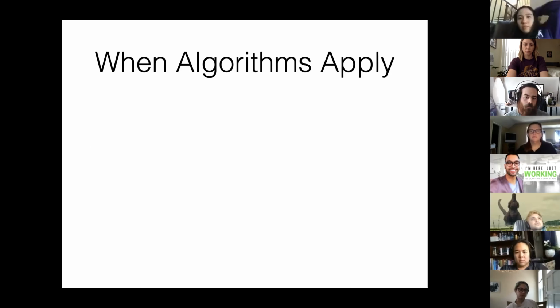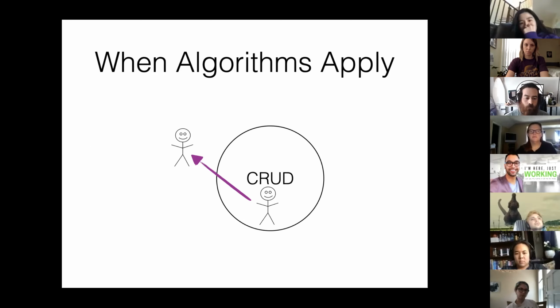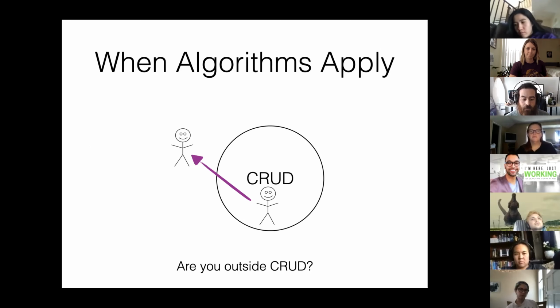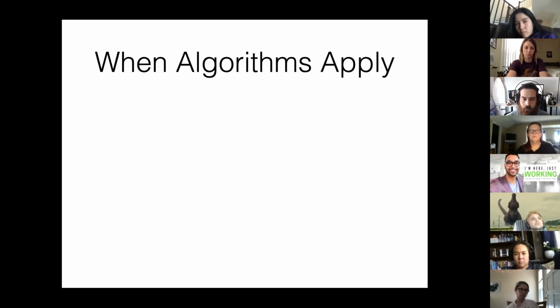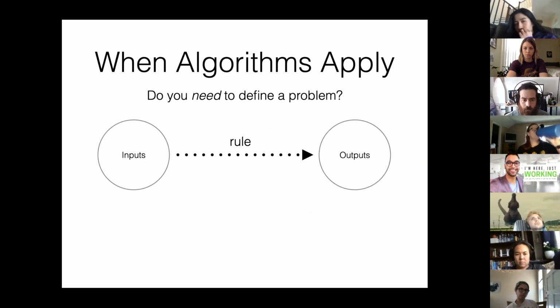So when do algorithms actually apply? Maybe you're trying to write a CRUD program for your solution and you notice that it's not flexible enough. That's your first test. Check yourself. Am I outside the CRUD paradigm? Okay. Next step. Do you actually need to define a problem like one of those precise IO problems? Maybe not.